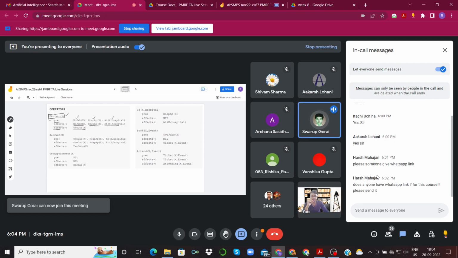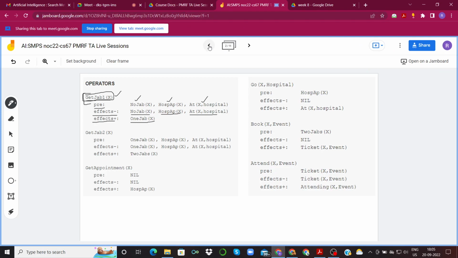The negative effects part is not clear. See, what does this mean? The purpose of the GetJab1 operator is that a person x gets one shot of vaccine. Here it is written GetJab1, which basically means the first shot of vaccine.